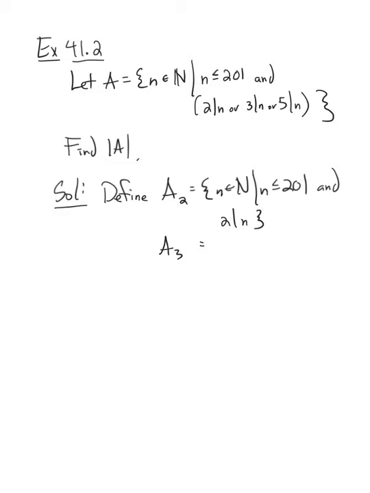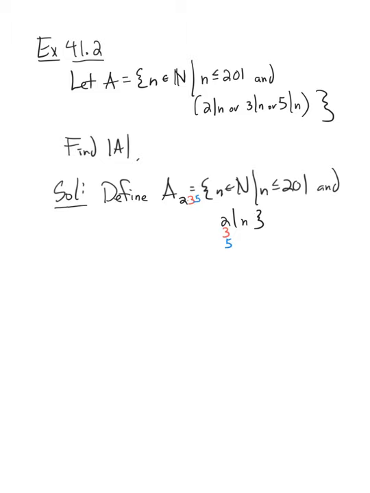Same with A5. Maybe I'll write it like this, because you can always rewind if it gets a little confusing. I'm going to define A3 by the same thing, but instead of a 2, it's if 3 is a factor. And 5 is going to be the same idea, except we care about if 5 is a factor of n. So I'm defining 3 different sets here.